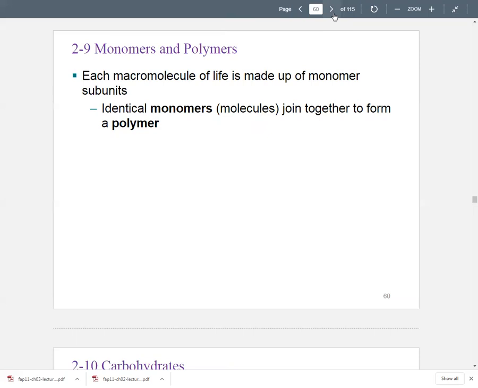The big thing I want you to take out of that last section is pH is a measure of the hydrogen ion concentration, right? Negative log of the hydrogen ion concentration. Lots of hydrogen ion concentration, low pH. Okay? Little hydrogen ion concentration, high pH.